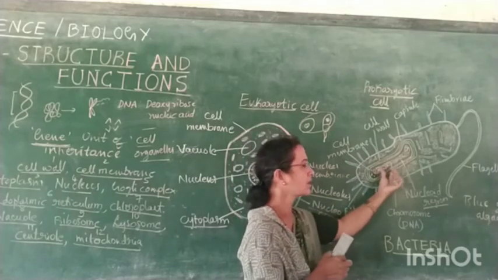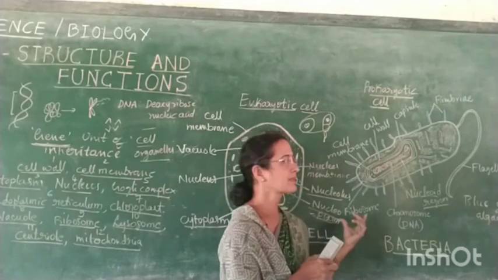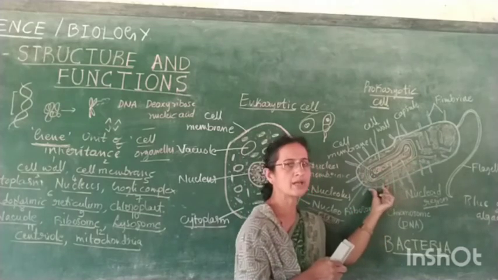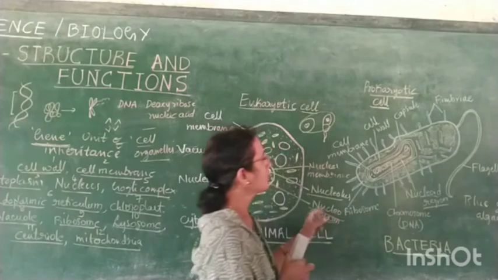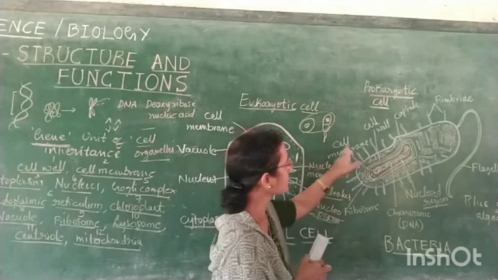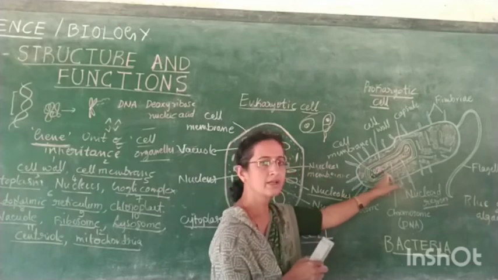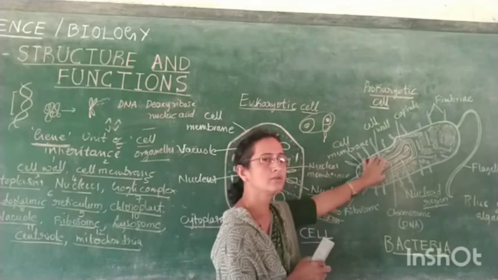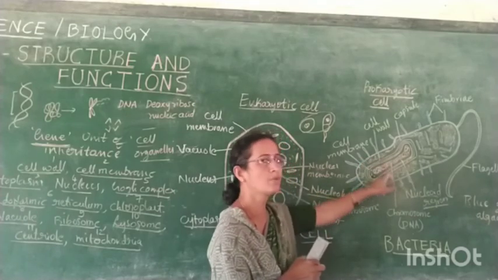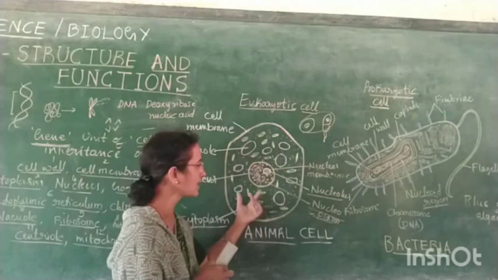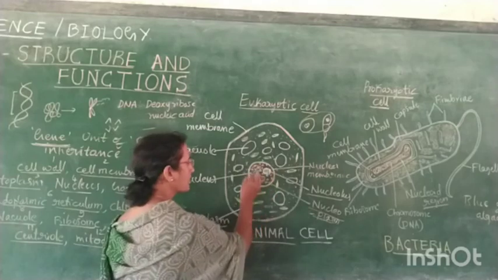That means here there is no definite nucleus, that is, the nucleus is not bounded by the nuclear membrane. Whereas you can see other parts like cell membrane, cell wall and so many other parts, but here the main thing is the nuclear part, which is not bounded by the nuclear membrane. Whereas here you can see a definite nuclear membrane.